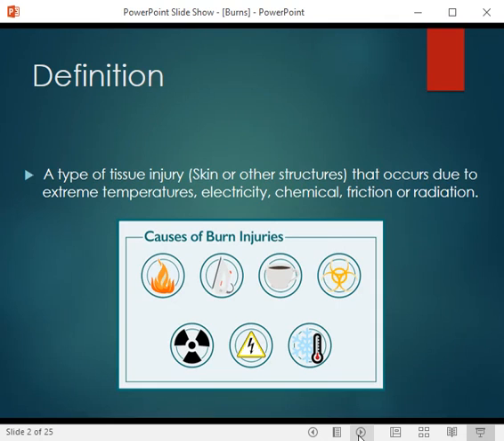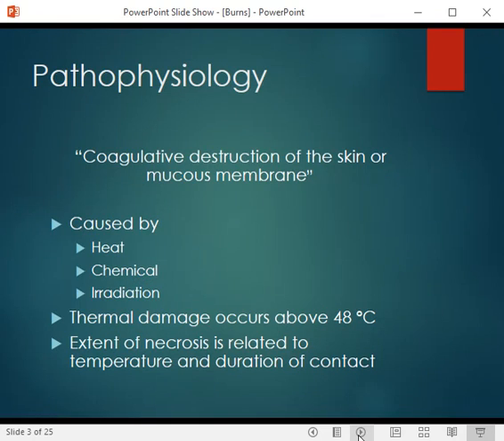Burn is a type of tissue injury which may involve the skin or deeper structures, and it is usually caused due to extremes of temperature. Other causes may include electricity, chemicals, radiations or simply friction. It is a type of coagulative destruction, and thermal burns are the most common type.